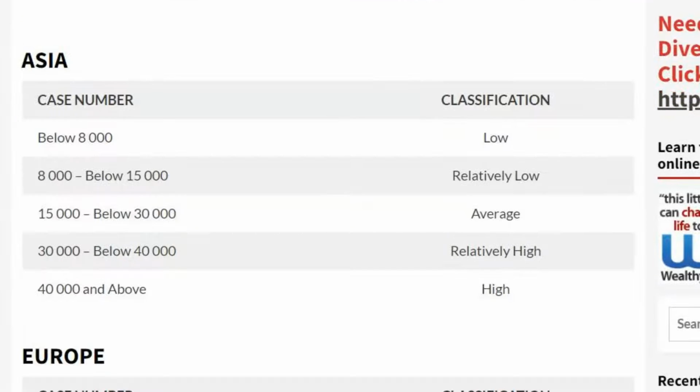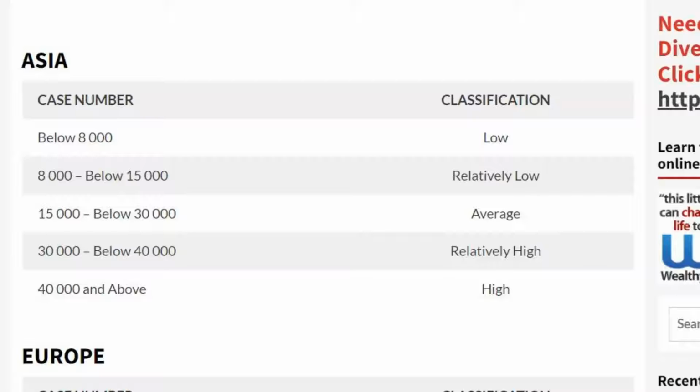To the next table that shows classifications for the Asia region, in case you have a case number below 8,000 from the Asia region, that can be considered as a low case number. If your case number is anywhere from 8,000 to below 15,000, that can be considered as a relatively low case number.